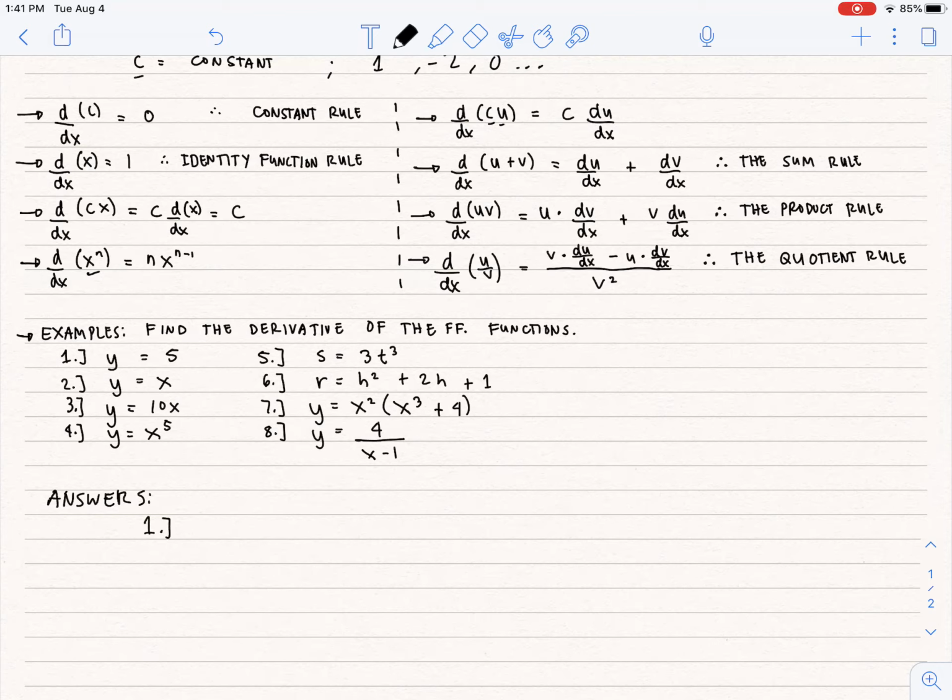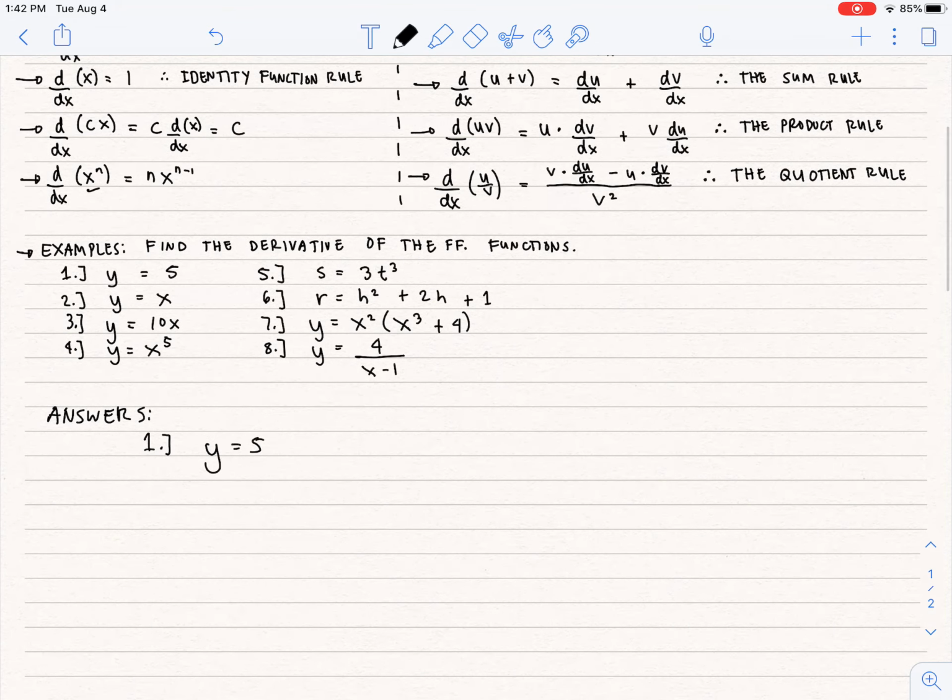So number 1, I'll just copy the given. So y is equal to 5. In order to find the derivative of this, it is just going to be dy over dx. Remember from the previous topic, if you are going to derive, we derive with respect to x in this case. So the derivative of y with respect to x is just dy over dx.